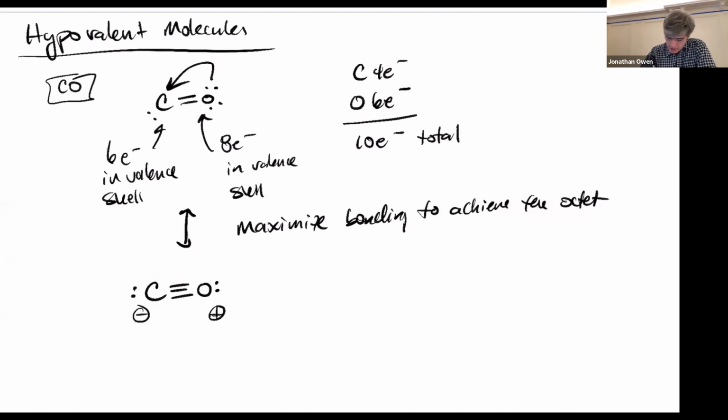And if you do that, you're going to end up with an oxygen that's got 5 electrons and a carbon that's got 5 electrons. That's one more electron than carbon starts with in the neutral form, and so that means it has a negative charge. Okay, so you take the structure, split the bonds in half, and then calculate the charge on the atom individually to get the formal charge.